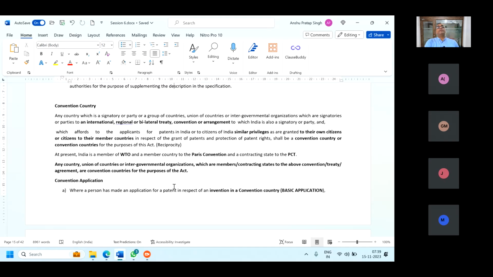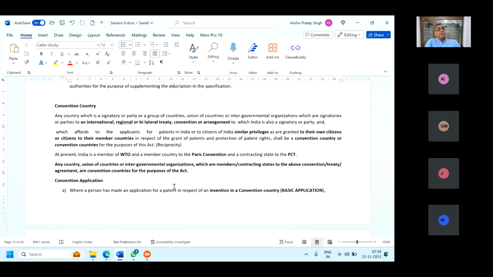Or in the Africa region, if there is a treaty with respect to the Africa region, or Latin America, or Europe, the EU is also a regional treaty. Bilateral treaties are India-Pakistan, India-Bangladesh, India-Nepal. That will be considered bilateral. Only two parties are there. So it can be a treaty, it can be a convention, it can be an arrangement, whatever. If that is the case, we will consider that country a convention country.